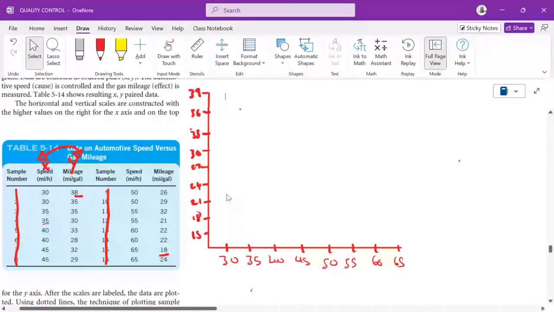Delete. It's fine. So 30 is 38. You go to 38 somewhere here. You make a big circle, and then 30 again is 35. Then 35 somewhere here is 35.